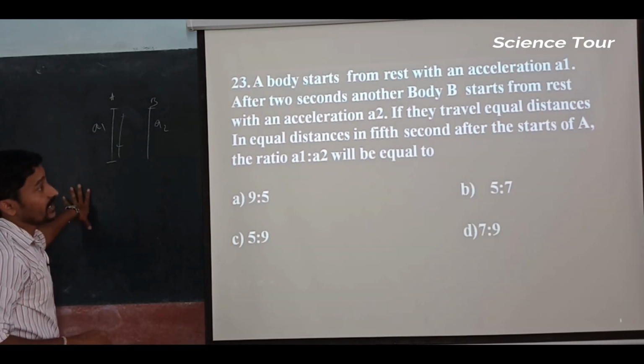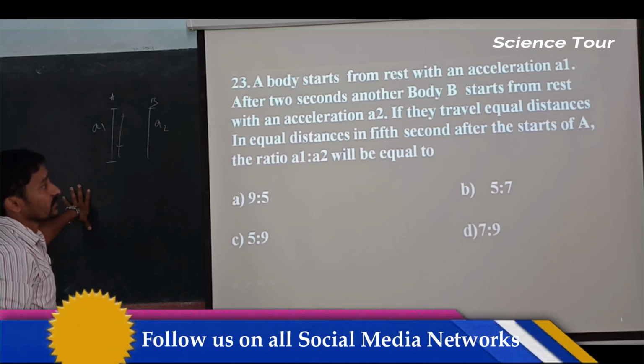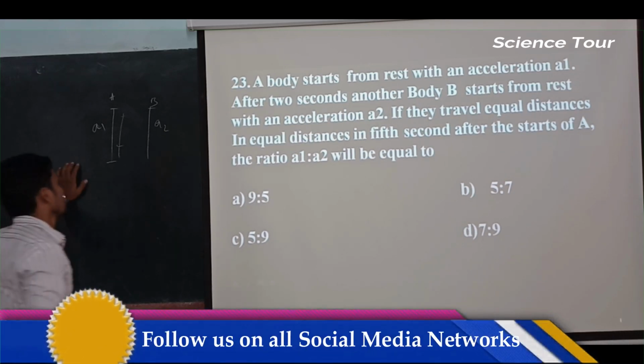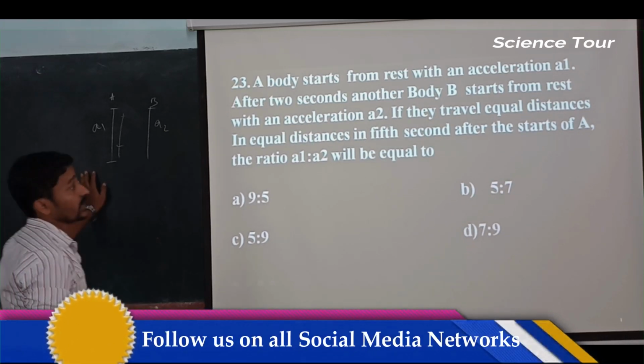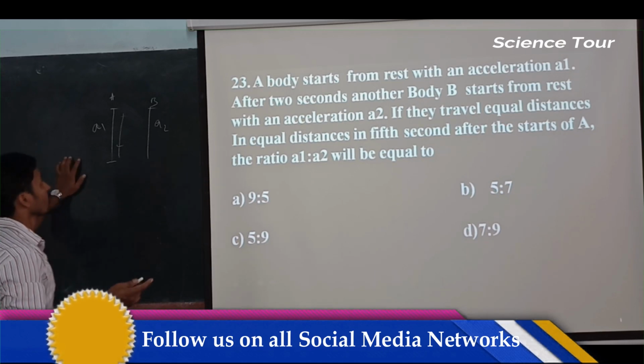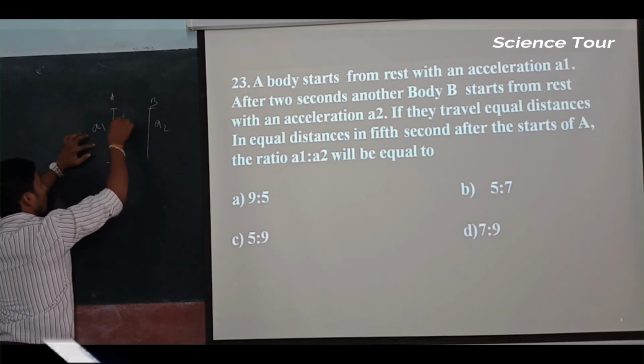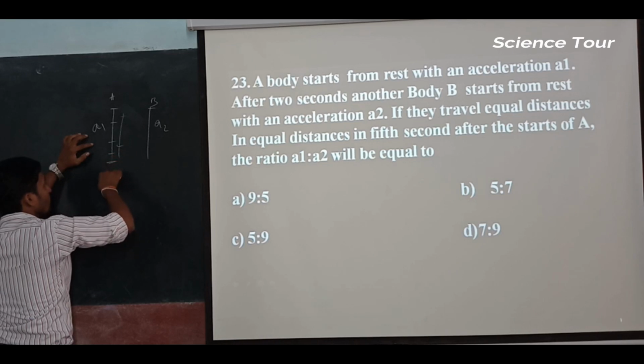They travel equal distances in the fifth second after the start of A. So here it is 1, 2, 3, 4, 5.